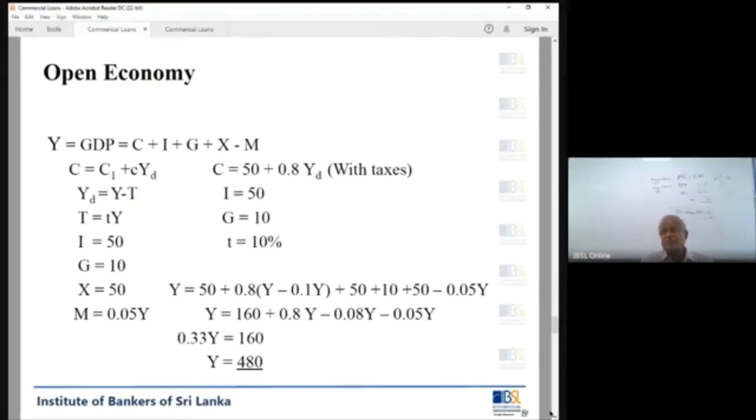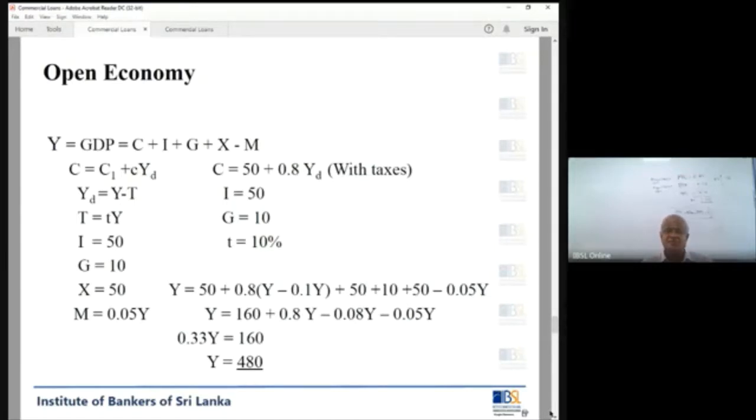So then you simplify, you take all Y terms to the left hand side. Simple mathematics. I want you to work out this again. Y minus 0.8Y, 0.08Y to the left hand side, 0.05Y to the left hand side.